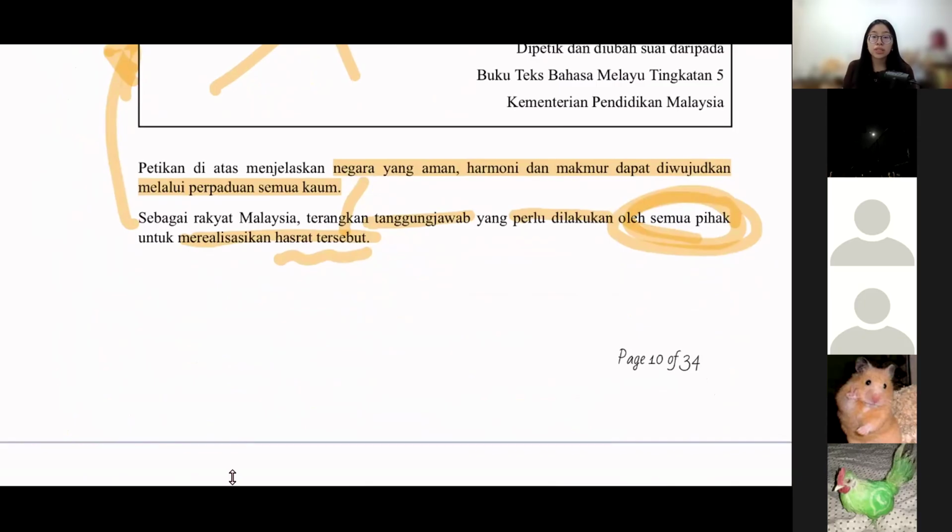Hey guys, what is the tanggungjawab pihak? Semua pihak is not just kerajaan. They can be your diri sendiri, your masyarakat, or your ibu bapa, sekolah, pihak kerajaan, media massa. Apakah yang boleh dilakukan oleh mereka untuk merealisasikan hasrat perpaduan, hasrat negara yang aman, harmoni dan makmur?